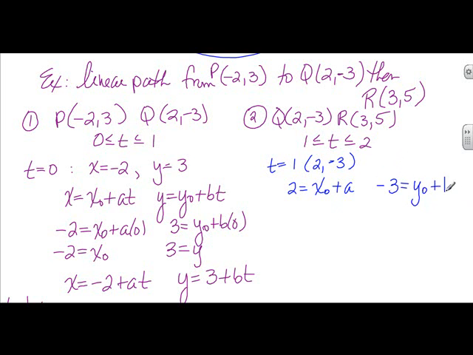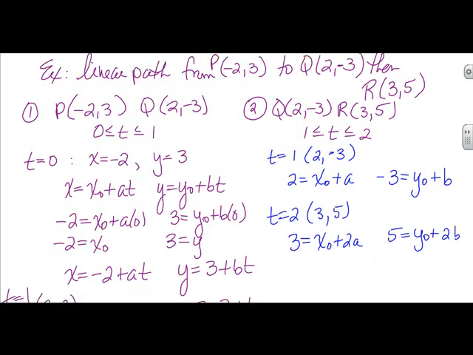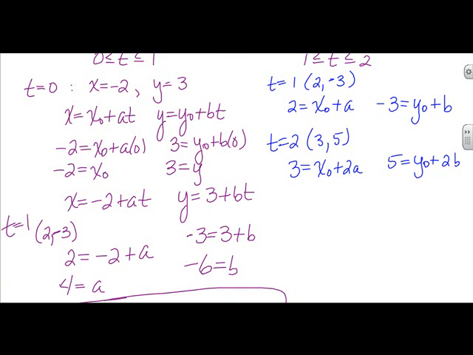Alright, when t is equal to 2, I need the point 3, 5. So 3 equals x sub 0 plus 2a, and 5 equals y sub 0 plus 2b. Alright, so now what I've got is two equations in x sub 0 and a, and two equations in y sub 0 and b.